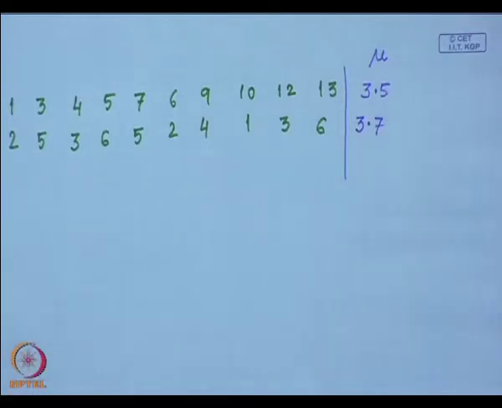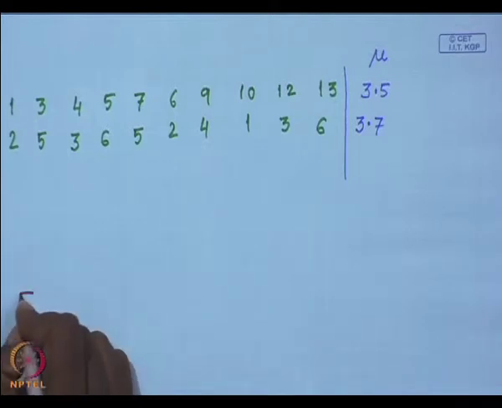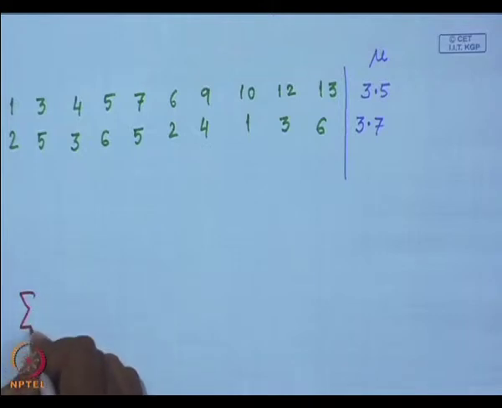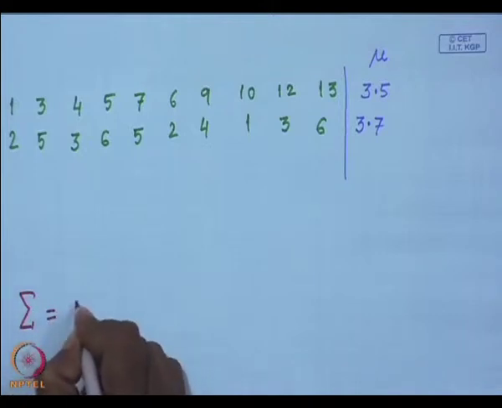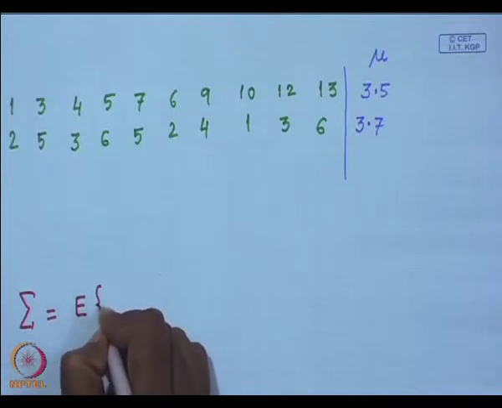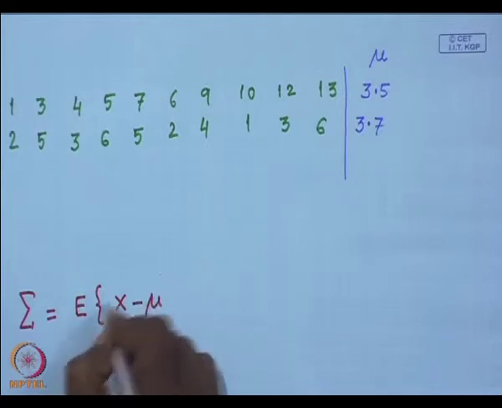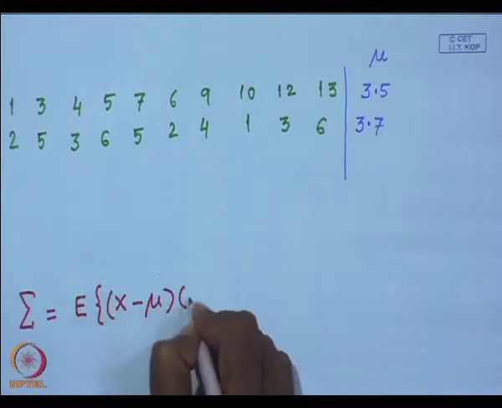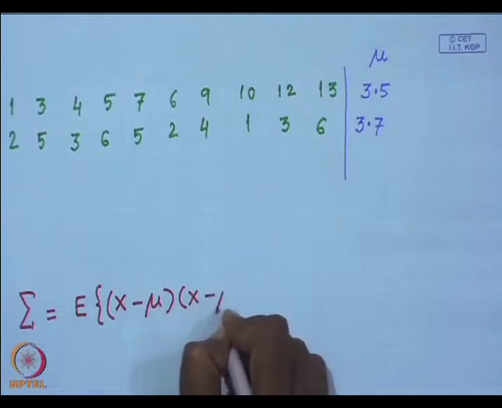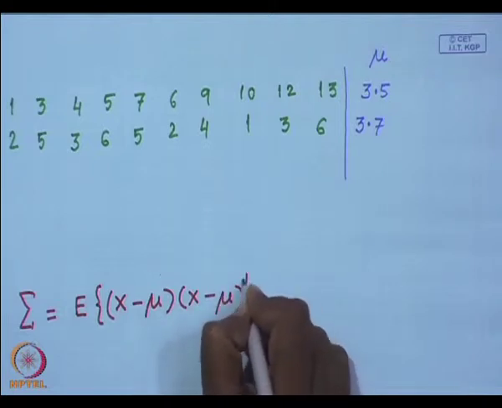And as you know, when I compute the covariance matrix, the covariance matrix sigma is defined as the expectation value of (x minus mu) into (x minus mu) transpose.